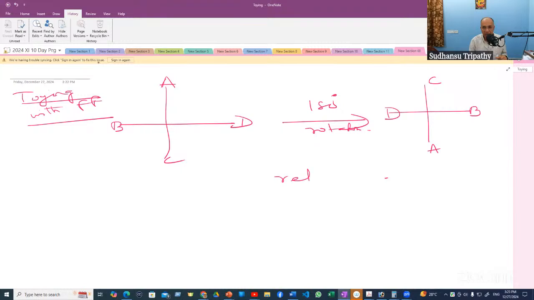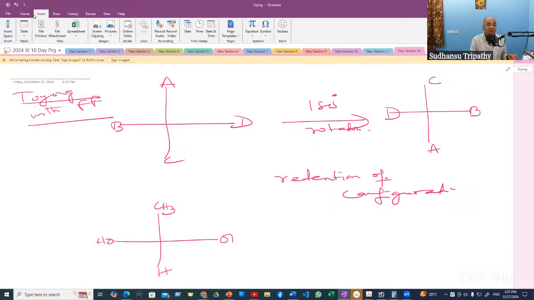Retention of configuration. I am showing you so that once you know the rule, so an example I am giving you, supposing methyl, OH, a simple example, H and OH. I'm sorry, OH likely that will be achiral.